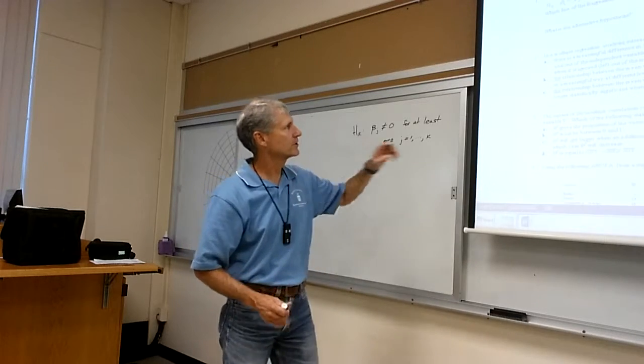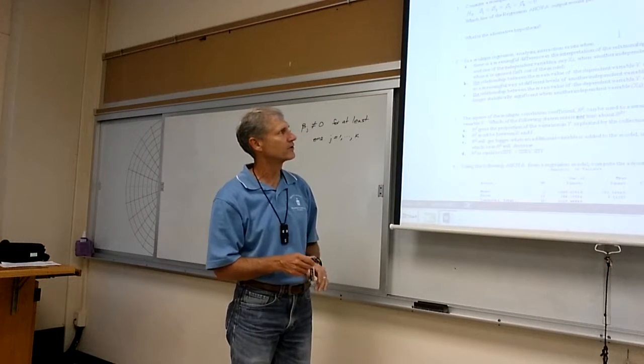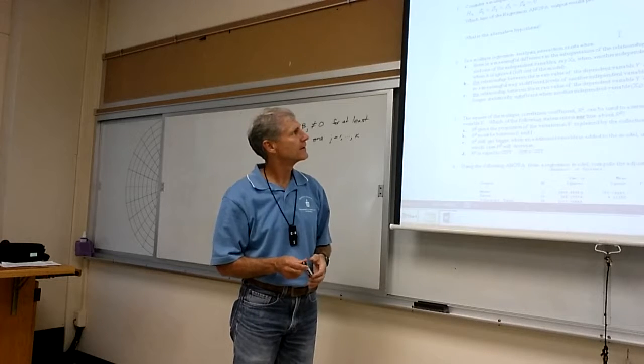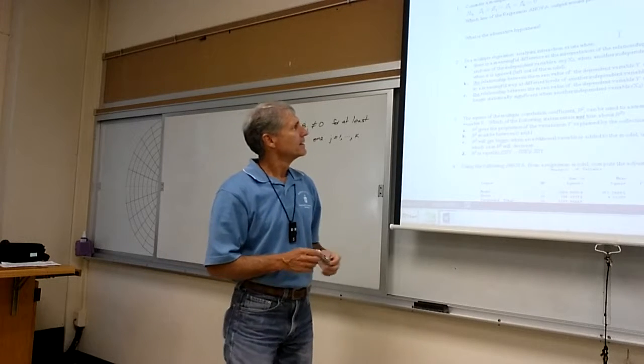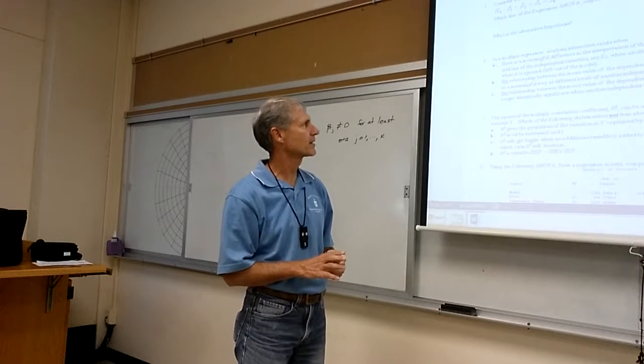What about number 2? In a multiple regression, interaction exists when? Which of those is the definition of interaction? They kind of all say something similar, so it's a bit subtle.